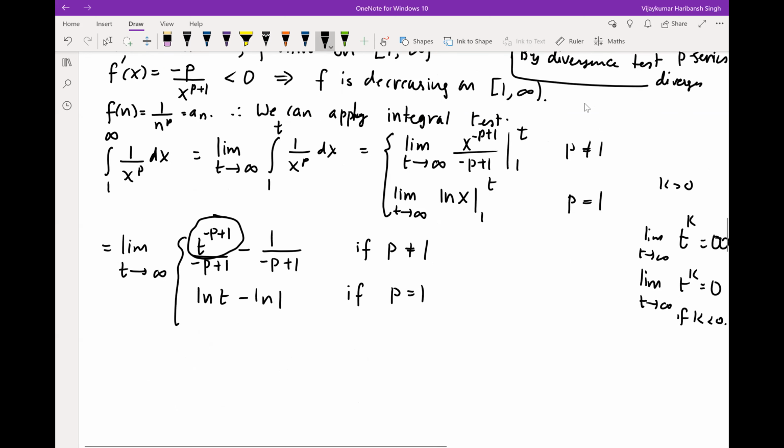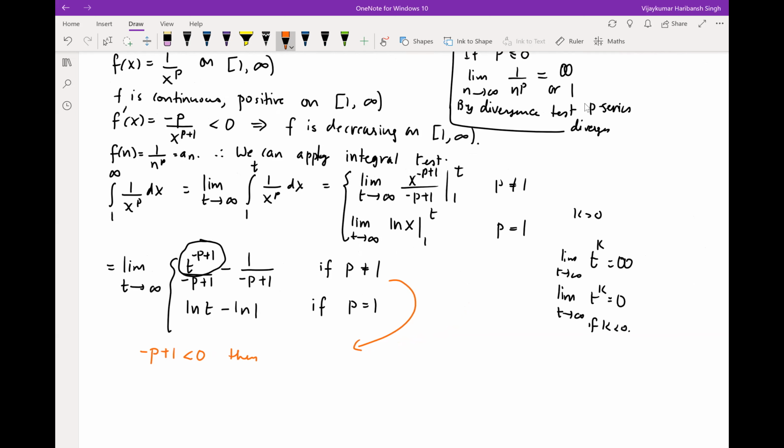So from here, what do I get? If minus p plus 1 is less than 0, then there will be convergence.